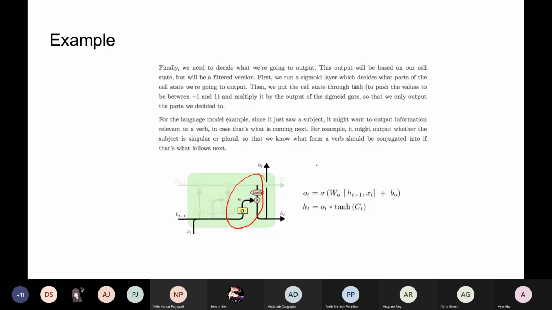So there are three steps. Previous output affects your present input. Some part of your previous output goes directly to the output. And according to your regulation based on this sigmoid function, some part of your present input xt you will pass directly, and that will define your final output.